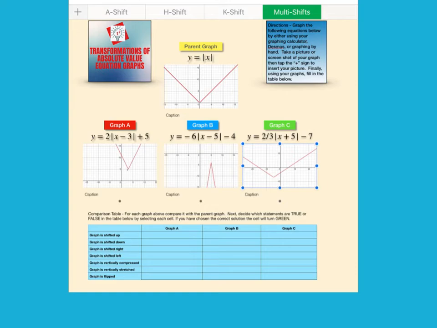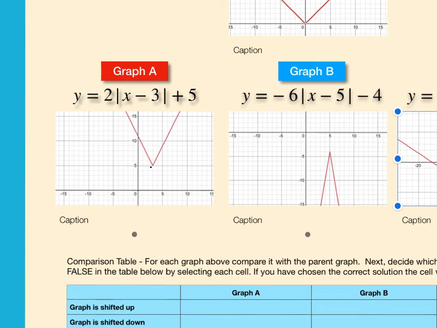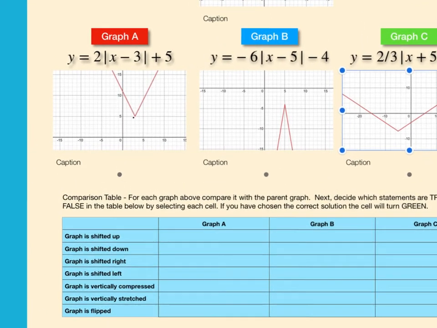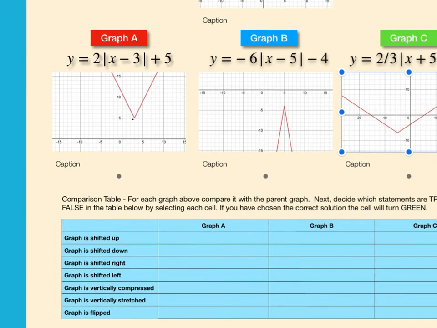Now we're going to look at graph A here. So let's move into A. From the parent graph, so from that origin, did we go up? Yes, we did. How many units did we go up? 5, right?